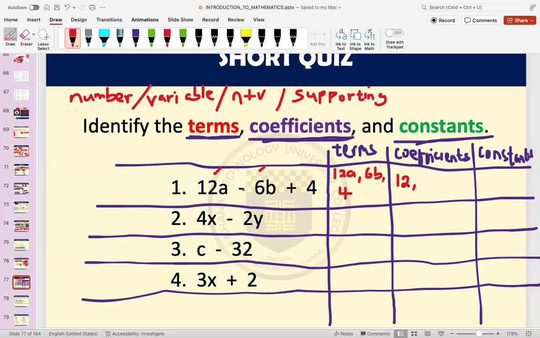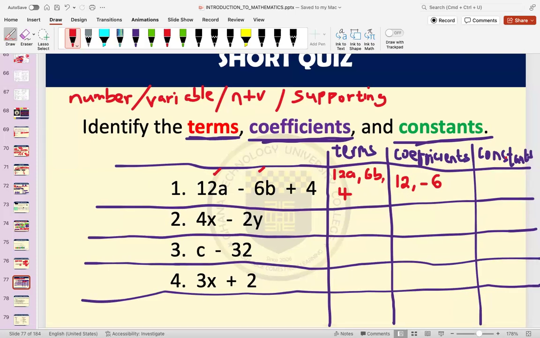I see negative 6b, so negative 6 is a coefficient. As for 4, we cannot pick it because it is not a combination of alphabets and numbers, so it's not giving support to anything.